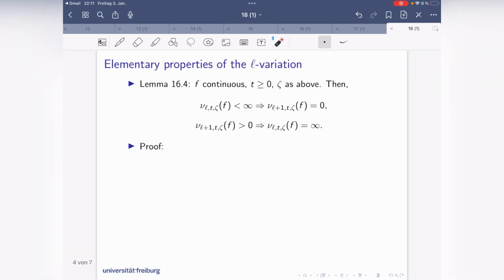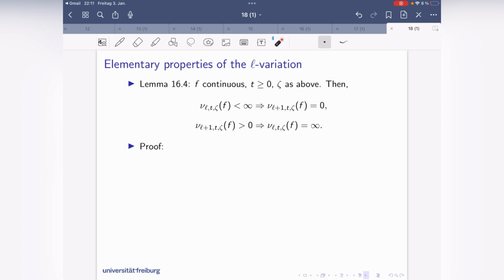So what else can we say about this variation? There are some very basic properties. So if I have a finite L variation, then the L plus 1 variation is 0. On the other hand, if the L plus 1 variation is bigger than 0, the L variation is infinity.